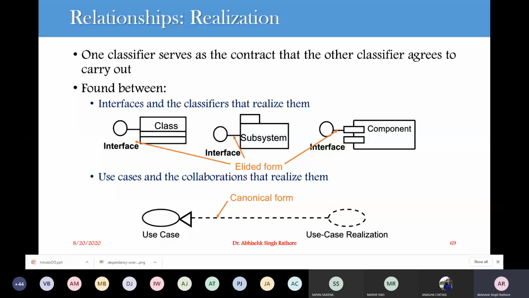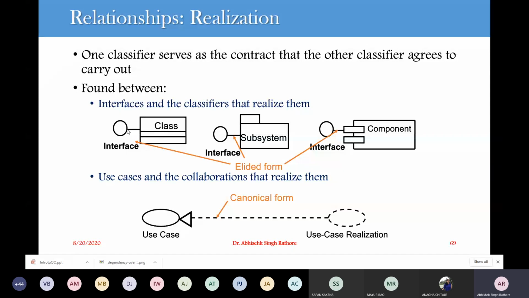So this realization relationship exists between interfaces and other entities of the UML diagrams, UML models. Let's say this interface is realized by a class, or by a subsystem, or by the components. The definition of the signature of these interfaces is available.